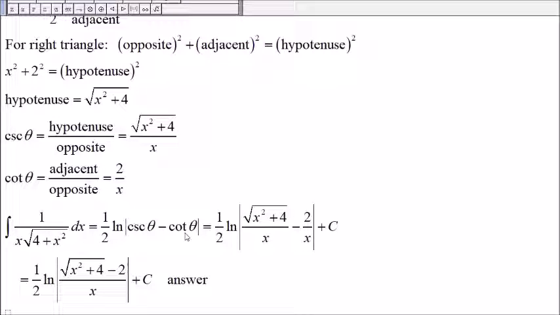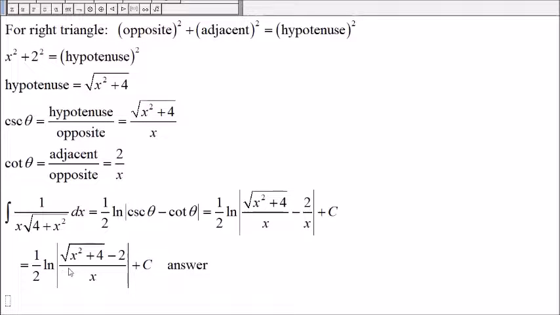Cotangent of theta is 2 over x. Here we have the common denominator of x, and so the final answer is 1/2 times the natural log of the square root of x squared plus 4 minus 2 over x.